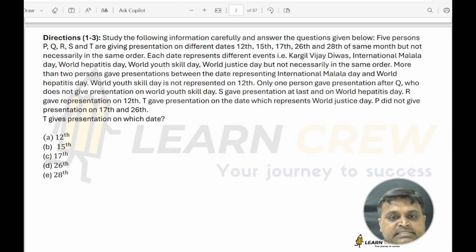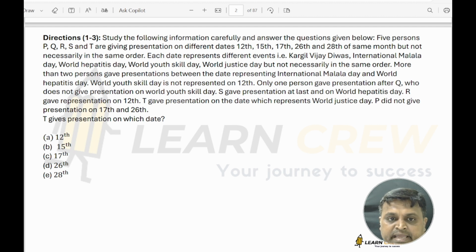Each date represents a different event: Kargil Vijay Divas, International Malala Day, World Hepatitis Day, World Youth Skill Day, World Justice Day, but not necessarily in the same order. More than 2 persons gave presentations between the date representing International Malala Day and World Hepatitis Day.